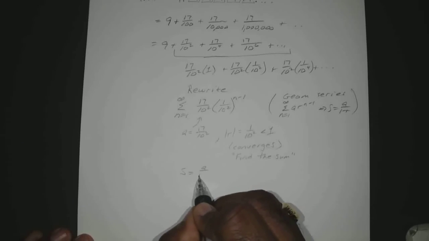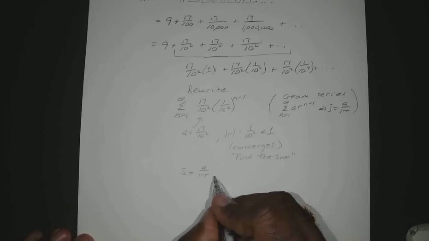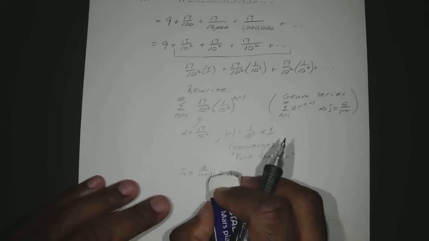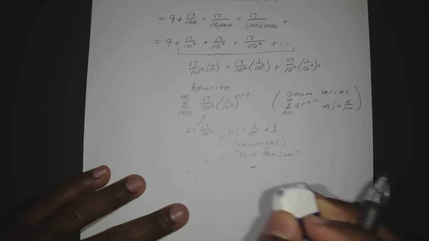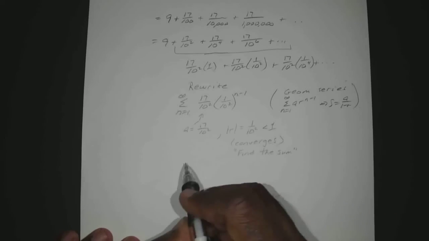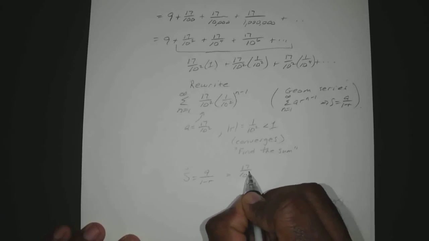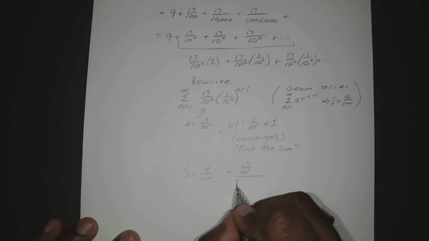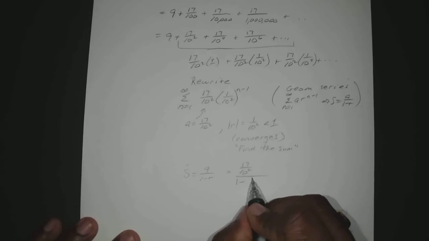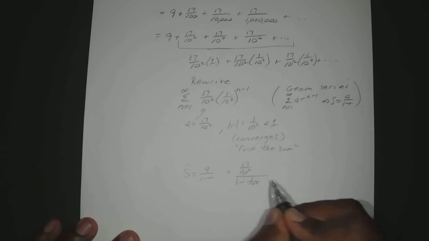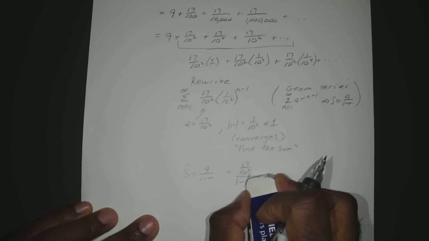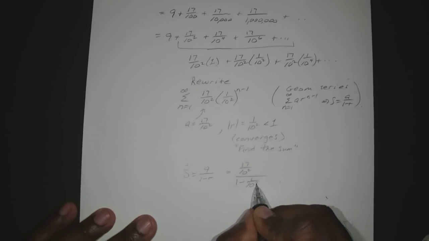Okay, so we know that our sum is equal to a over 1 minus r, which equals, let me write that a little lower. I forgot those fractions are going to take up a little more room. Equals a over 1 minus r, which equals 17 over 10 squared divided by 1 minus r, which is 1 over 10 squared.